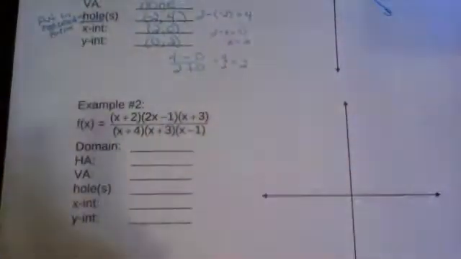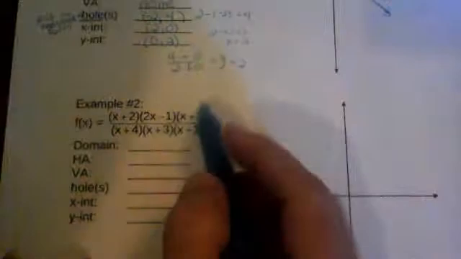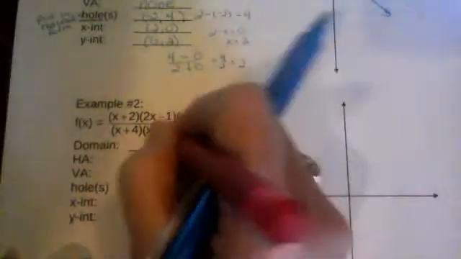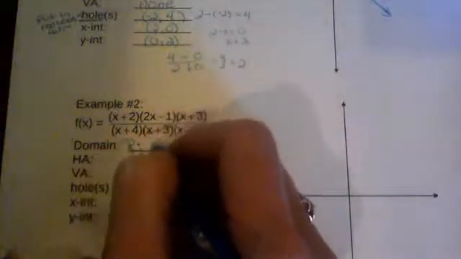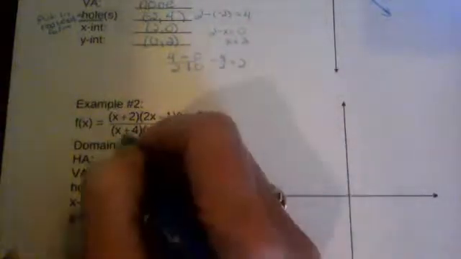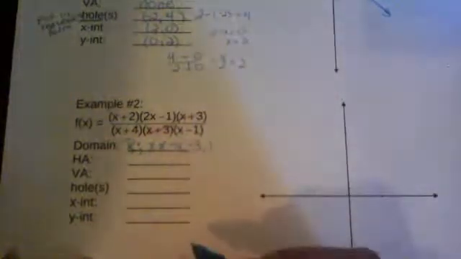In this example, they've already factored it for us, so that's kind of nice for most of these things. It looks like we have one of these terms here that is going to reduce out. But remember that even though it reduces out, when we're looking at our domain, x still cannot equal -4, -3, or +1.